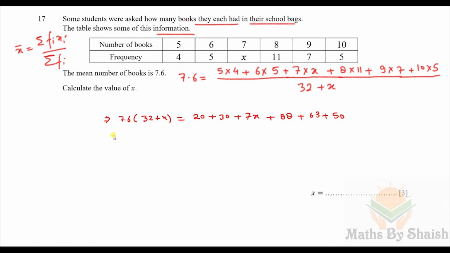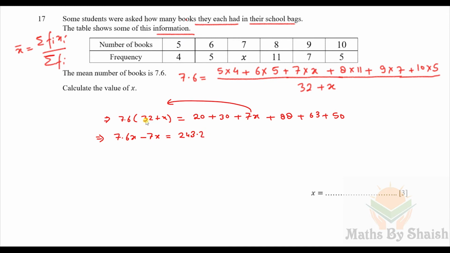So we'll take all the x terms to one side, so it becomes 7.6x minus 7x on one side. I took this to this side, and I'll multiply 7.6 into 32, which is 243.2.